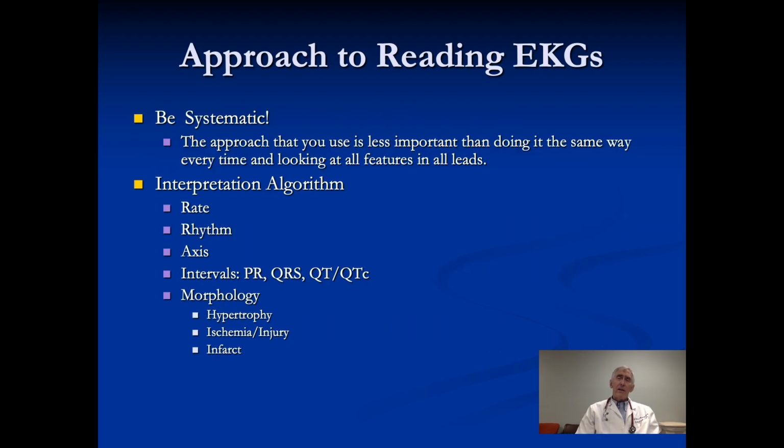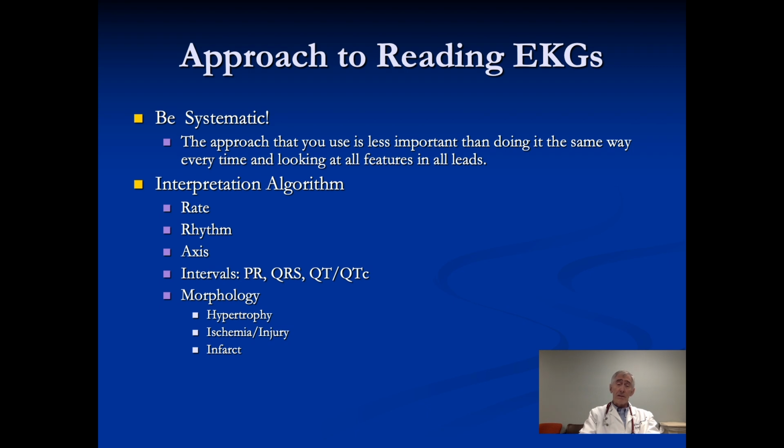When looking at electrocardiograms, there are various approaches, but if I had one single commandment, it would be systematic. Approach the EKG in a similar fashion each time. That will allow you not to forget certain areas and not anchor too quickly on a diagnosis, but rather look at all of the aspects.